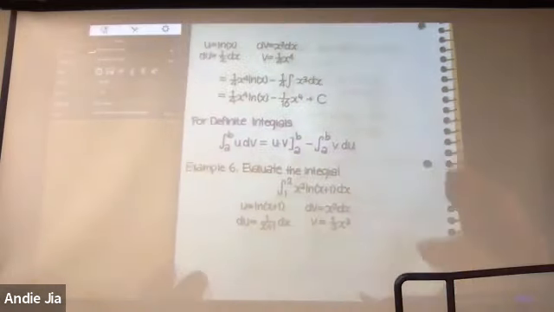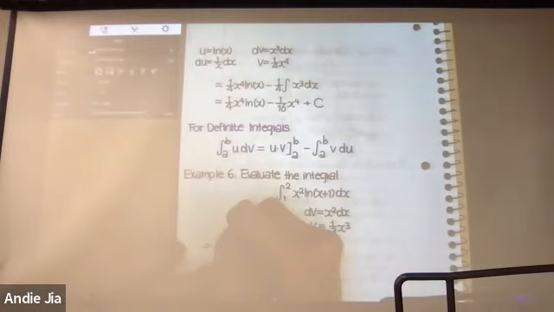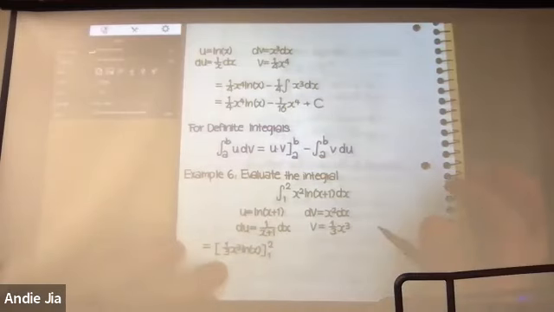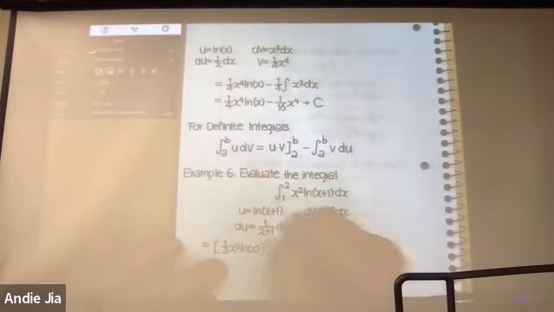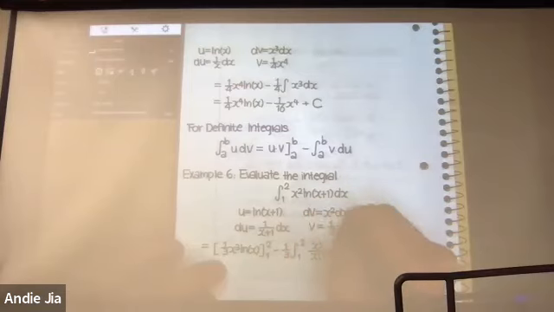And by the equation, it's going to be 1 over 3 x cubed natural log of x plus 1, from 1 to 2, minus 1 over 3 times the integral from 1 to 2 of x cubed over x plus 1 dx.